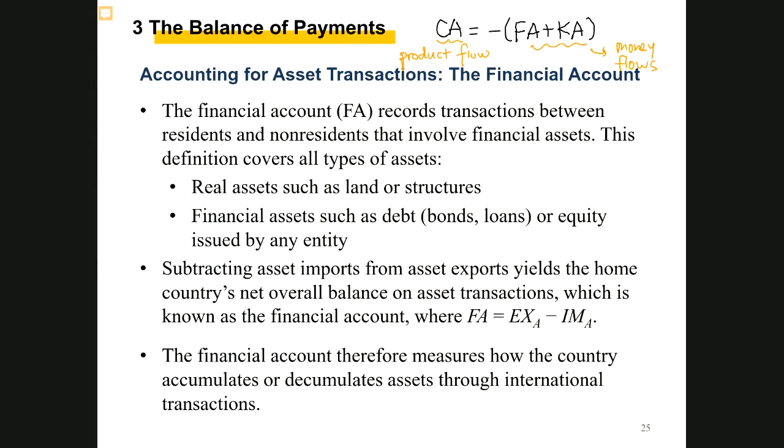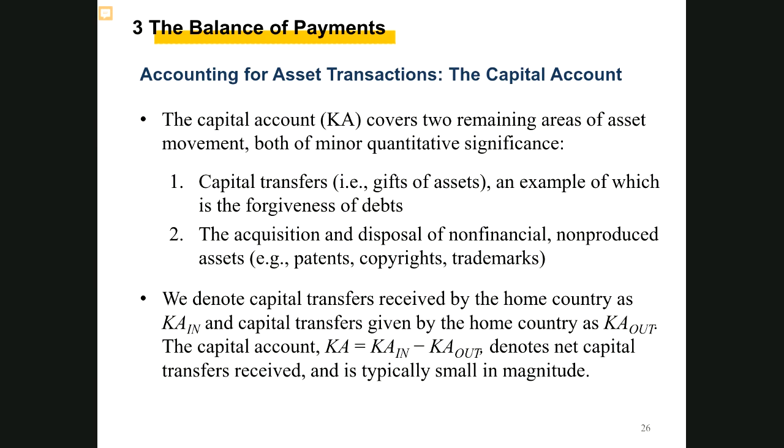That's it. The rest of the material is just definitions. So what's capital account? Capital account covers two remaining areas of asset movement. Okay, so capital transfer, acquisition and disposal of non-financial and non-produced assets. Okay, so copyright, trademarks.